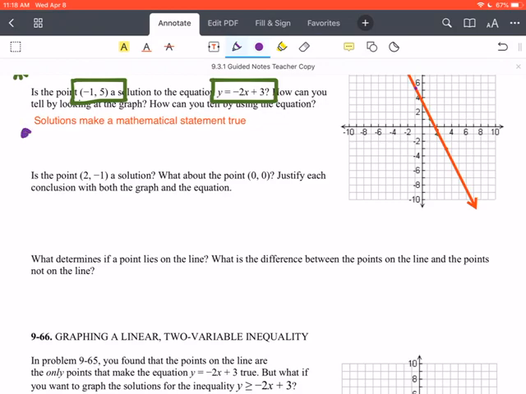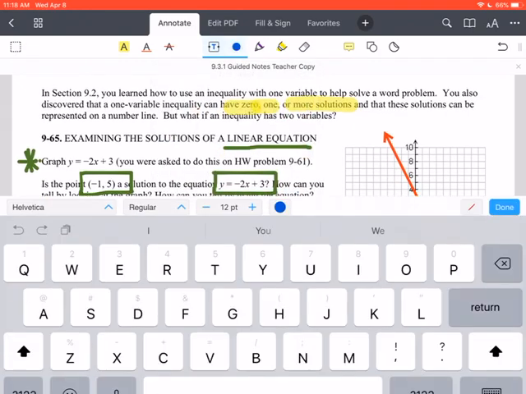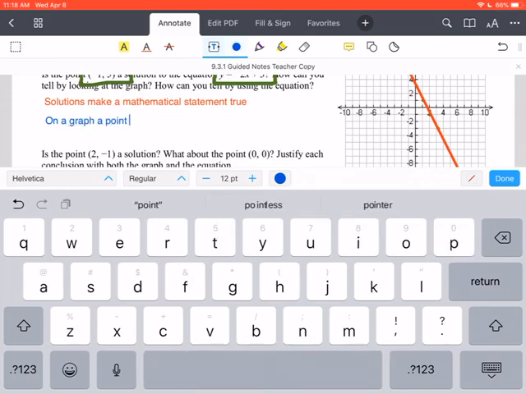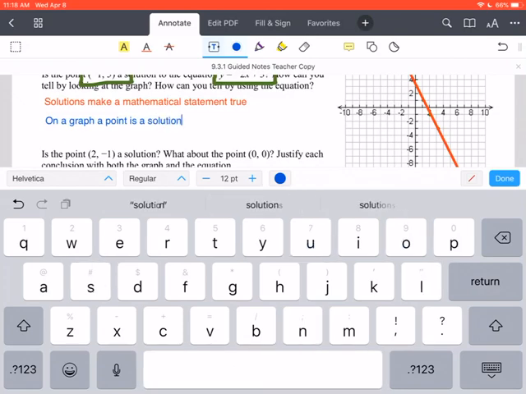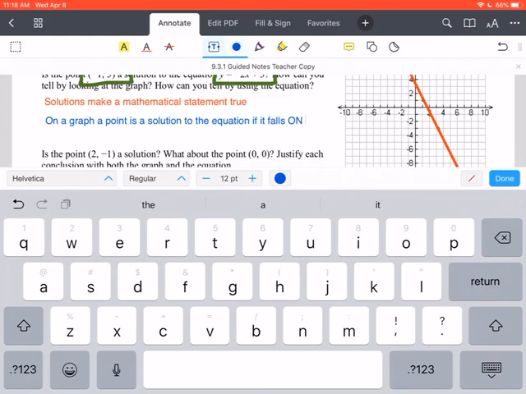Okay, so we can say that on a graph, a point is a solution to the equation if it falls on, capitalize that, underline it, the line.